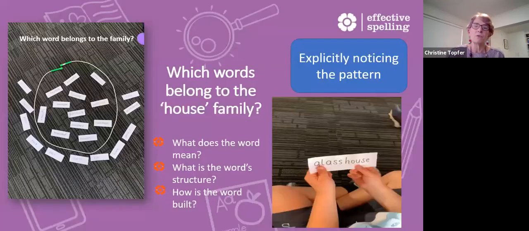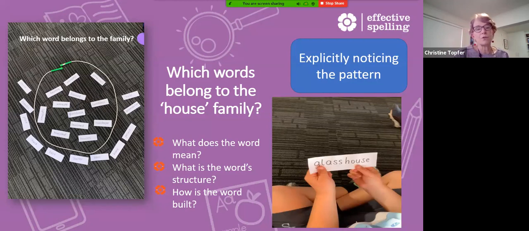So now they moved into explicitly noticing the pattern. You'll notice that in our learning sequences, we always start with that inquiry process of tuning in, explicitly noticing the pattern, guided practice, independent practice, reflection, and you'll see that through all the big ideas. So what they have done is they started to think about which words would belong to the house family. They had to think about, what does the word mean?